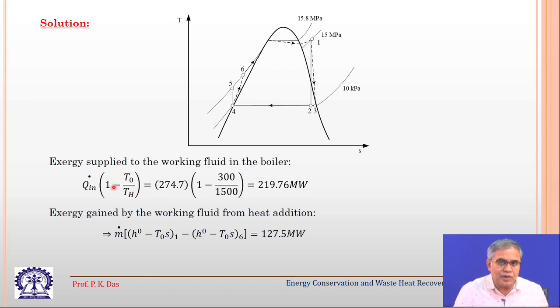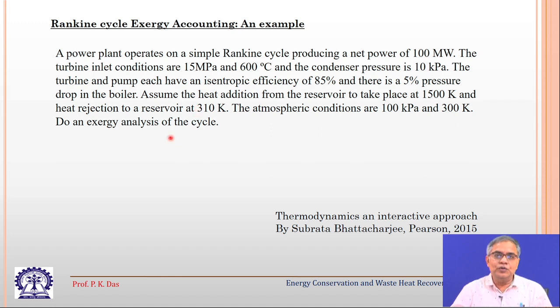Another thing you have probably noted in the problem: in the actual boiler, heat will be added at different temperatures, but here, to make the calculation easy, we assume the heat addition from the reservoir takes place at 1500 Kelvin, as if the heat addition in the boiler takes place at some average temperature, and that average temperature is 1500 Kelvin.